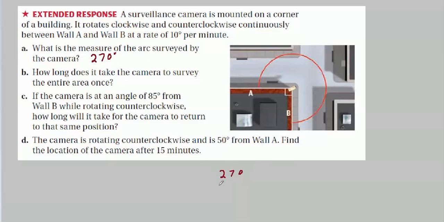So if we do that, we get 27 of those little sections. 27 10-degree segments here, or 27 10-degree arcs. To subtend 27 10-degree arcs at 1 minute per arc is going to be 27 minutes, isn't it? So we can go ahead and write that in.